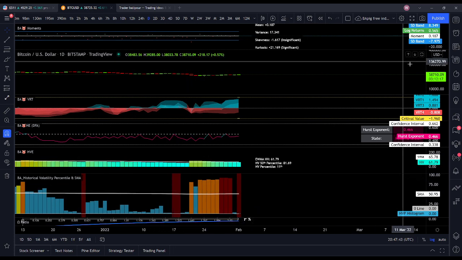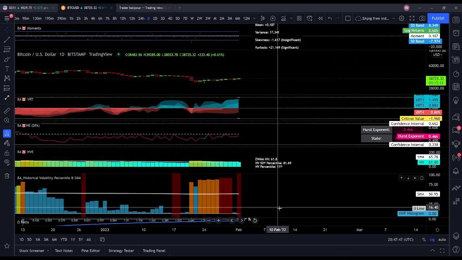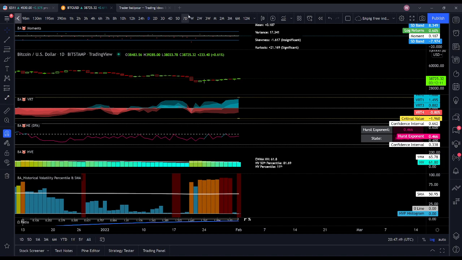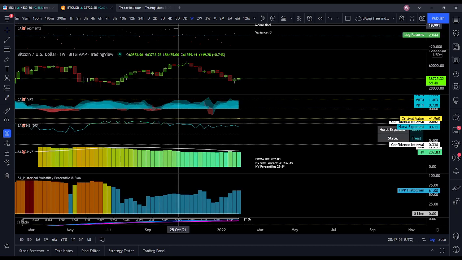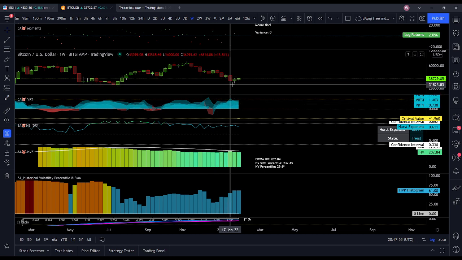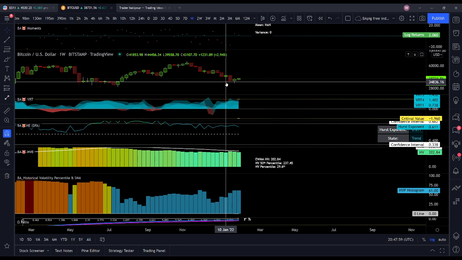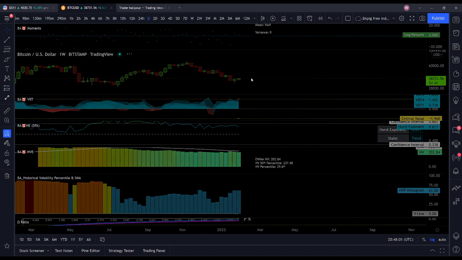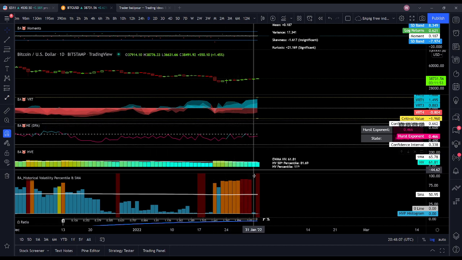You have to be able to bring into account multiple different time frames. When I switch this to a weekly, that's now multiplying what I was looking at times 7. Each of these candles has 7 days' worth of returns baked into it, as opposed to this daily, which is only 24 hours' worth of returns data.